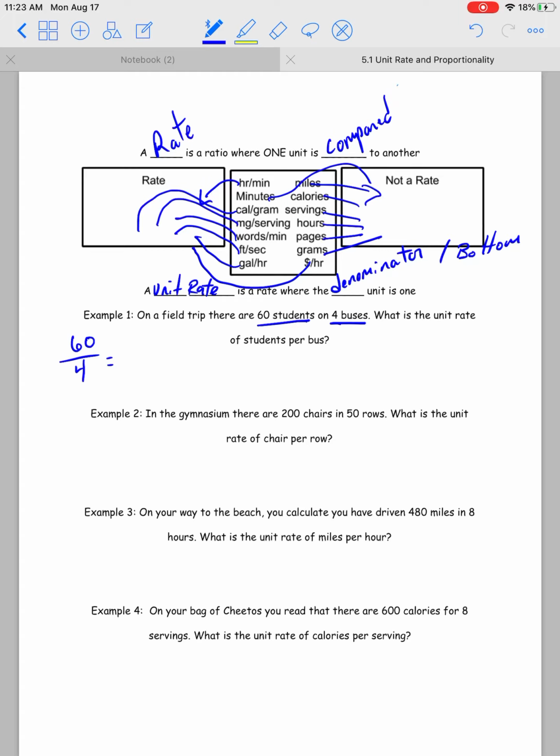Divide the top by the bottom. 60 divided by 4. If you do that, what do you get? Can you break that down? Can you simplify this fraction down to the rate of 1?